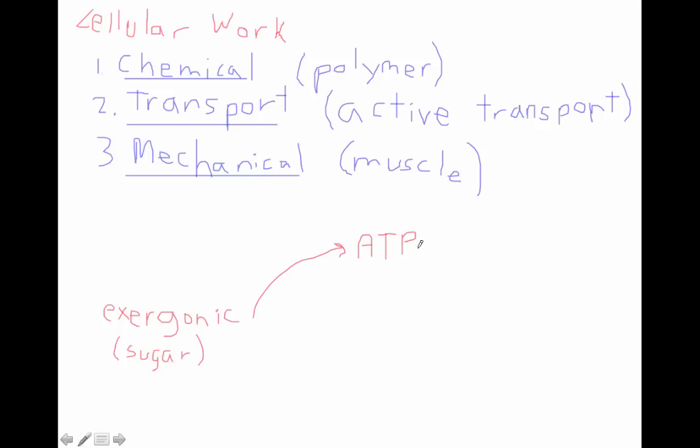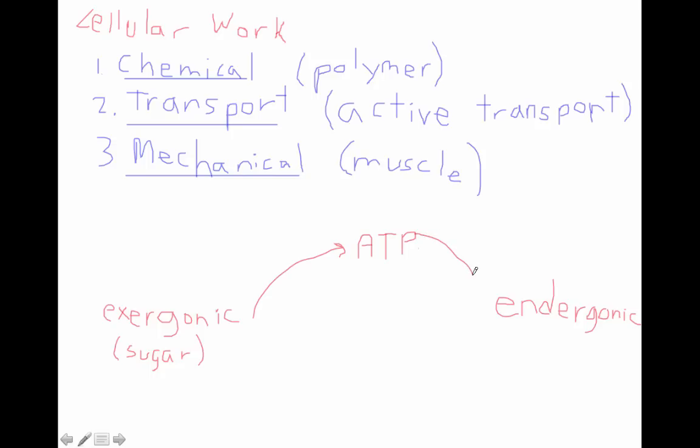Now, since it's generating ATP, we might as well couple that right next to a reaction that requires ATP. And so let's write endergonic over here for an endergonic reaction. Remember, an endergonic reaction requires energy, in this case in the form of ATP.